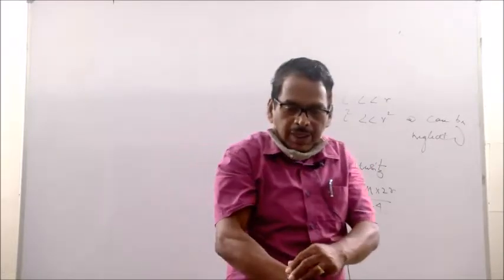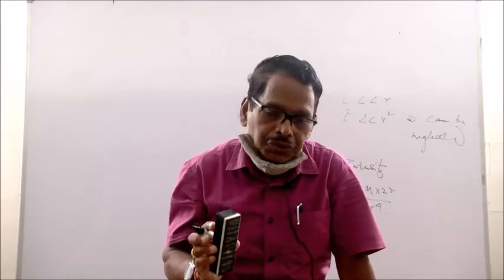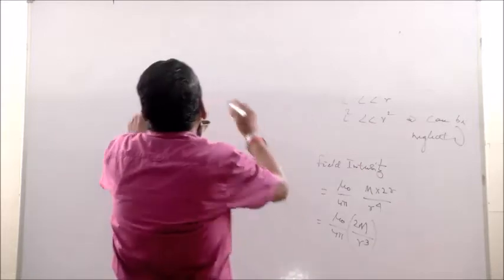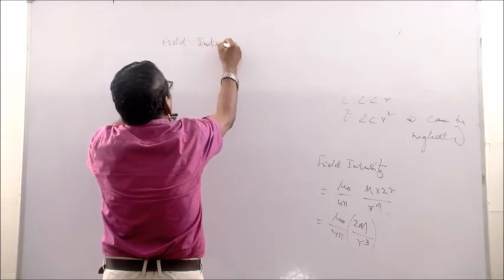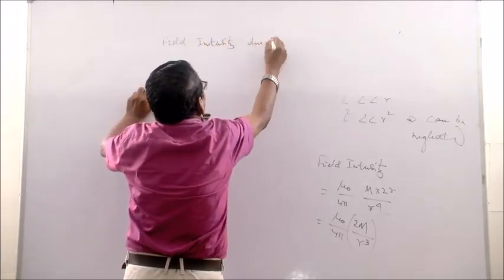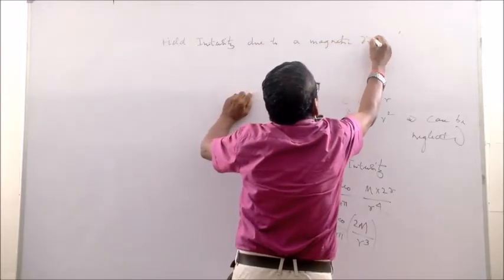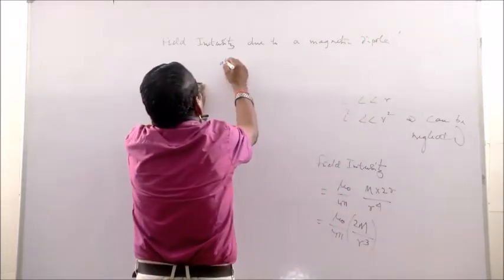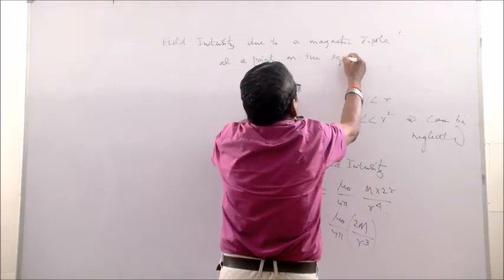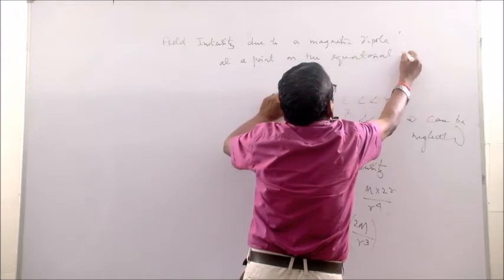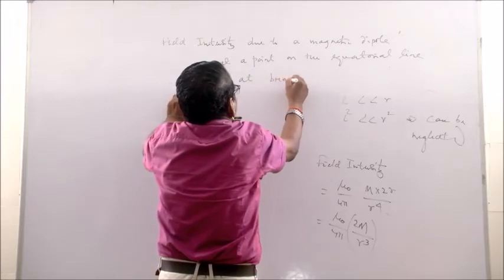Now next long question from magnetism is field intensity due to magnetic dipole at broadside on position. Field intensity due to a magnetic dipole at a point on the equatorial line or at broadside on position.